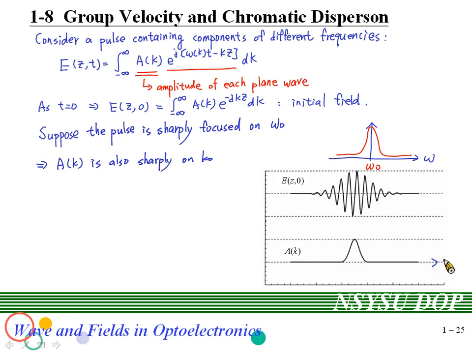This curve is the plot of A of k, and from the black curve you can see that at k0 we have the largest value of A of k, and for the other k values we have smaller values of the amplitude. Since A of k and omega of k are both focused on k0 and omega 0 respectively, we can use the Fourier expansion to expand omega of k.